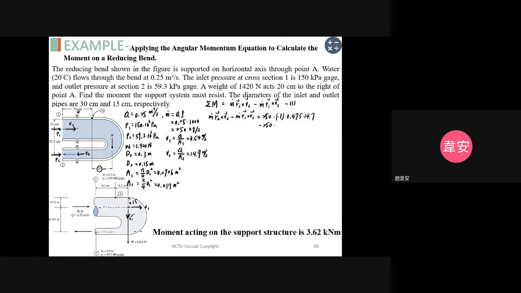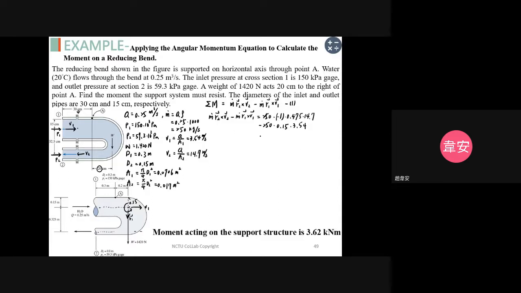We do the cross product with the right hand, and this is a counterclockwise moment, so this is a positive moment. But there is already the minus M rate. So R1 is 0.15 and V1 is 3.54.